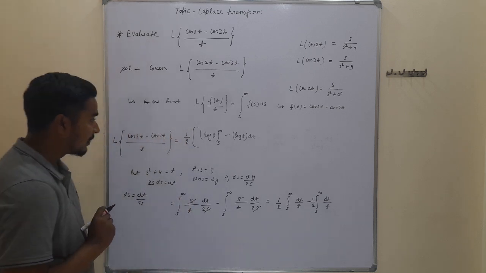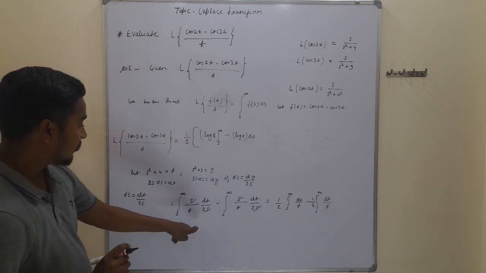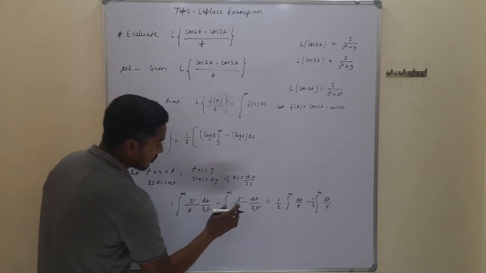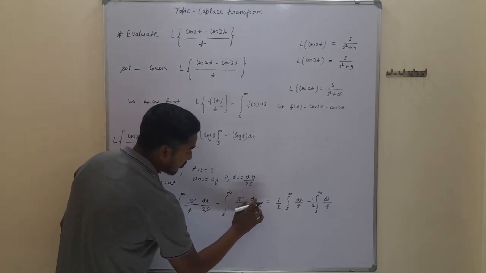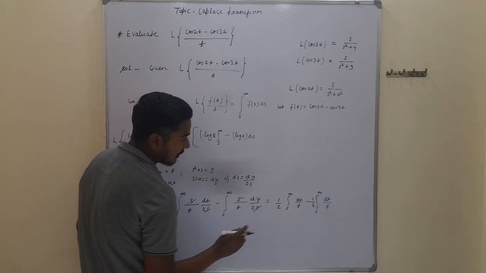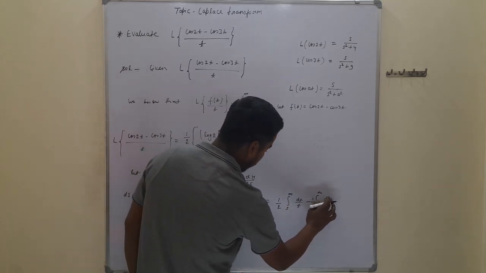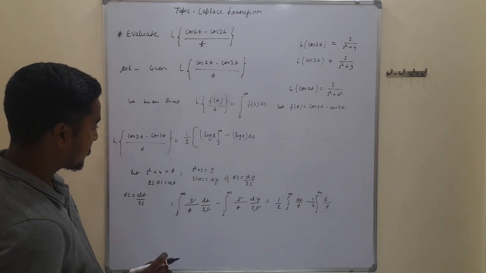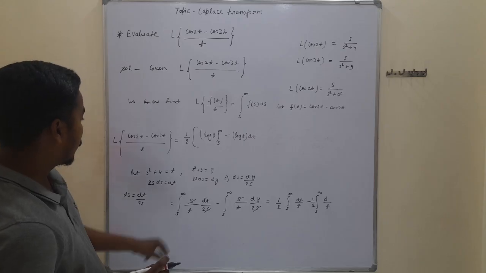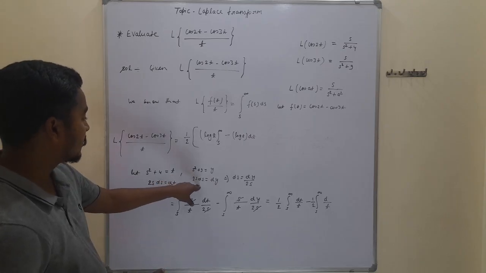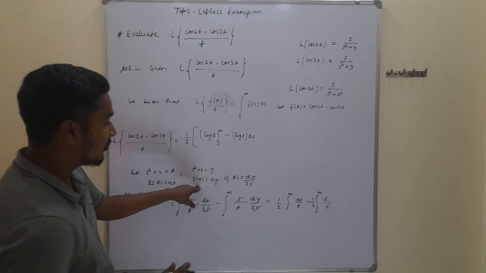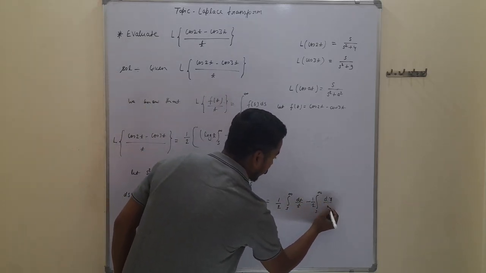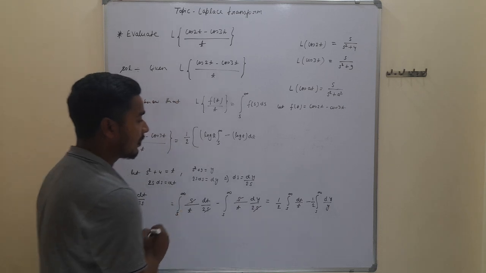Once again, the first part we let t, and the second part we let y. So this is dy, then once again dy upon s square plus 9, this is 2s upon dy, this gives dy upon y.